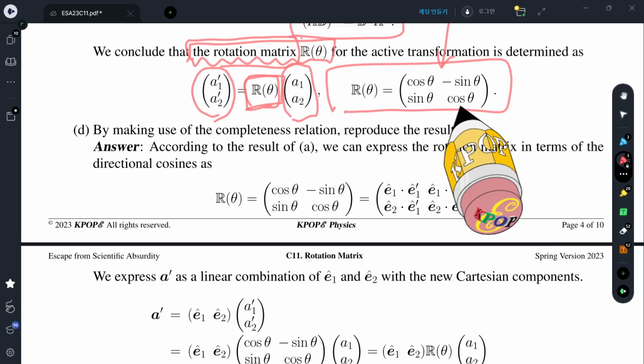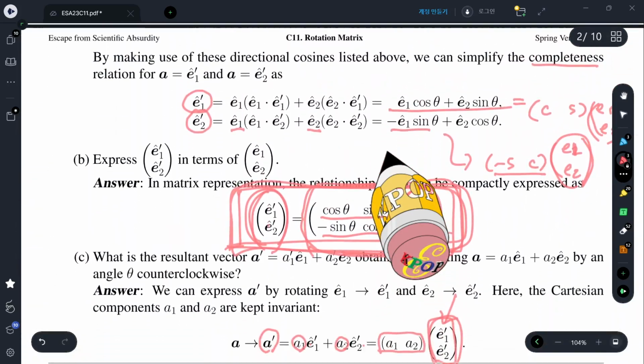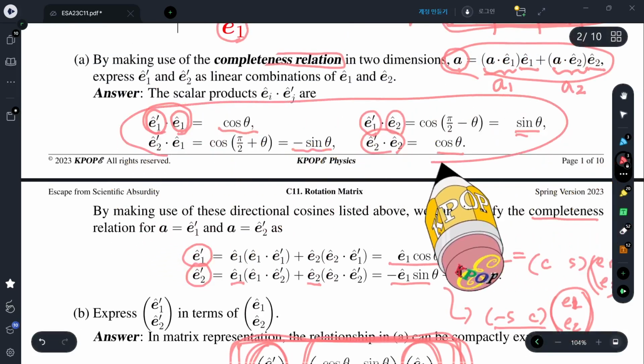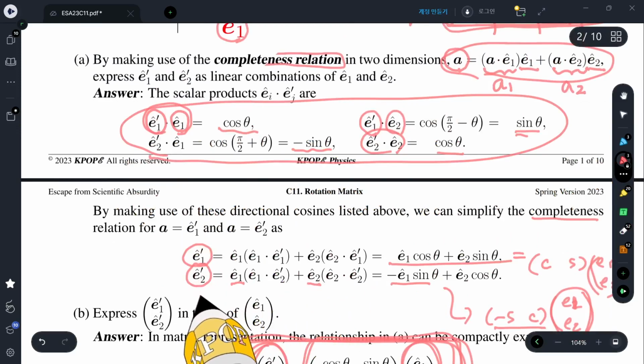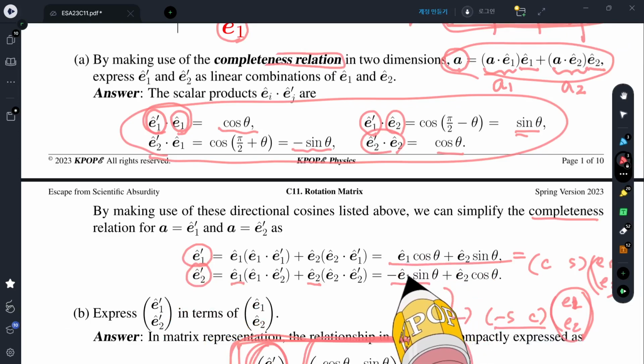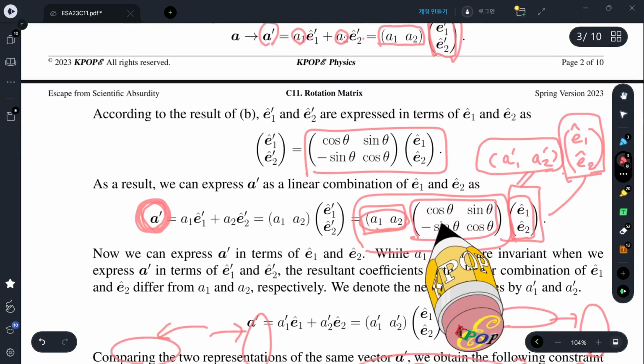By the way, we recall the directional cosines that we evaluated in here to construct the relationship among the original basis vectors and the rotated basis vectors.